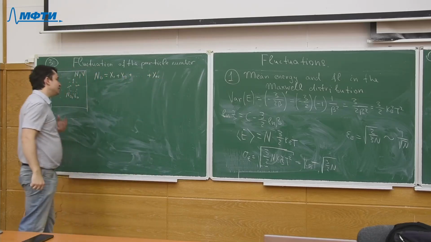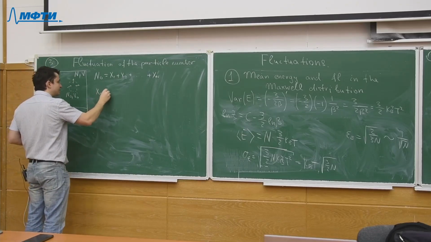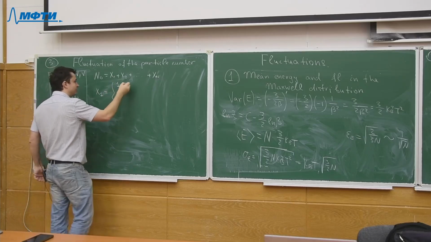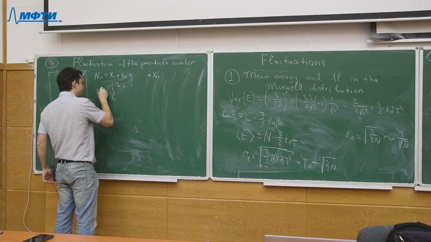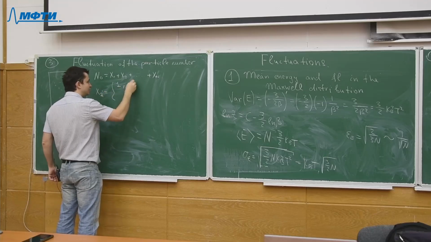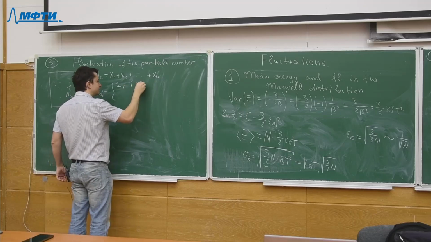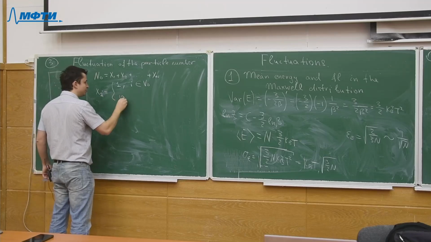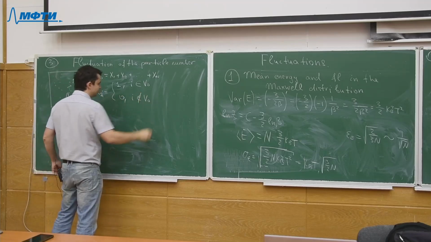And each of these x's is determined as follows. xi equals 1 if the molecule number i is inside the volume V0, and it's equal to 0 if that particular molecule is not inside V0, so if it's outside.